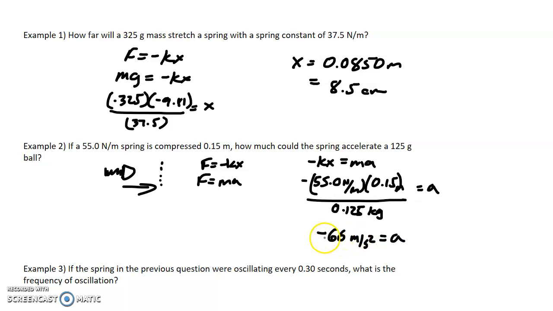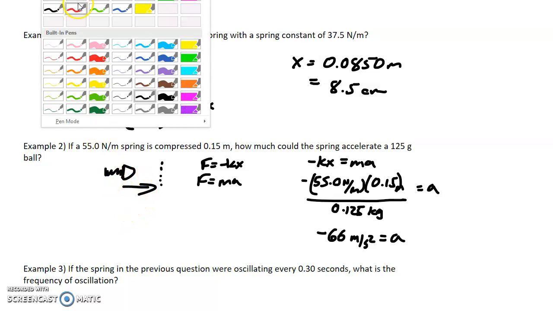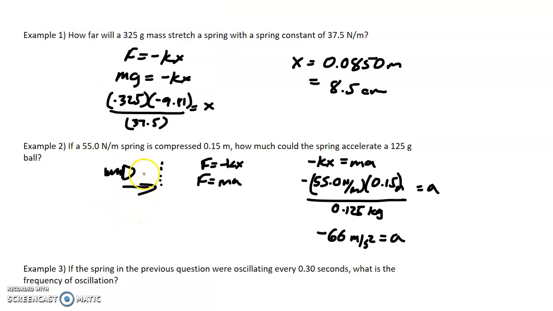Now that negative again is just talking about the direction. So because this was compressed the way we drew it to the left, the acceleration was to the right. Now if it was compressed to the right, it would accelerate to the left. If it was compressed north, it would accelerate south. Always just in the opposite direction of the displacement.